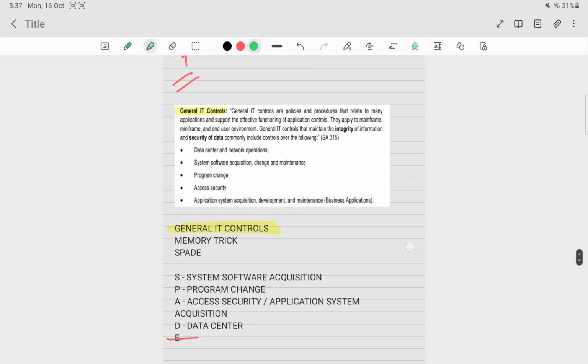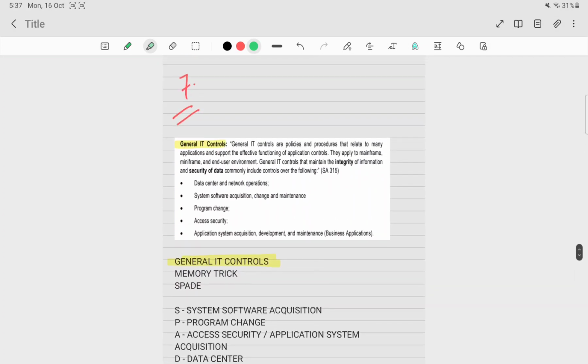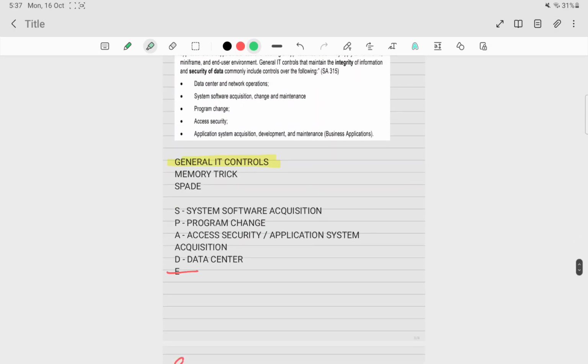Now this is the 7th question which we are going to deal, general IT controls. So you have to remember the general IT controls. So you can do it with the memory trick, that is SPADE. SPADE is there in cards, right? So from S you can remember software acquisition. See, here it is, software acquisition.